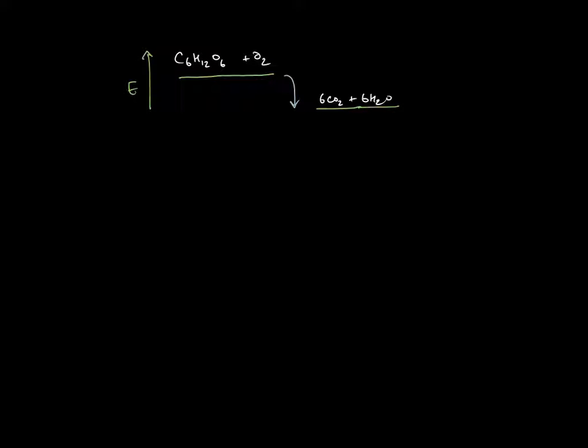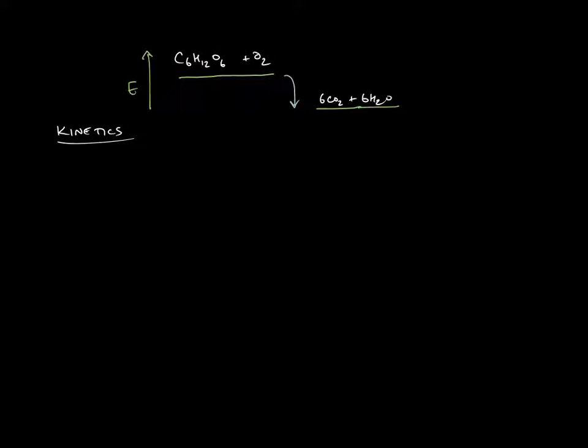All right, but sugar can sit there on the table with oxygen around, and it doesn't just immediately turn into carbon dioxide and water. It doesn't light on fire by itself. And that's because of kinetics. So let's look at what kinetics means. Kinetics is the speed of a reaction.